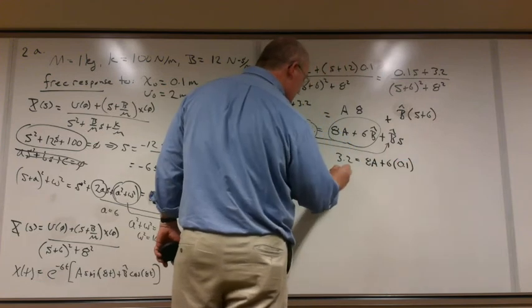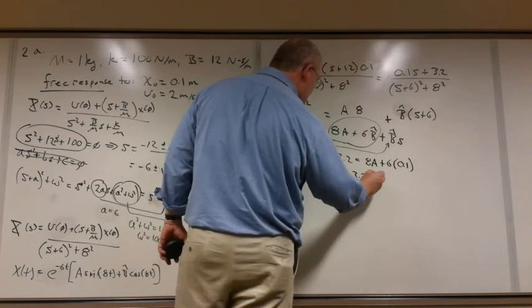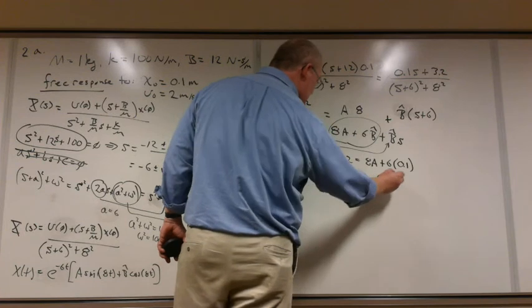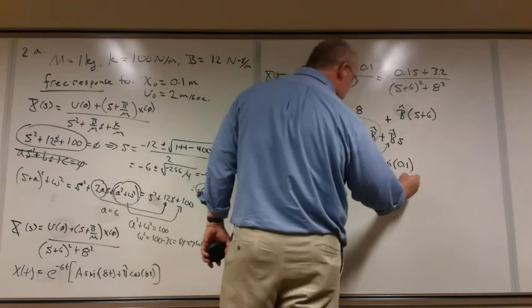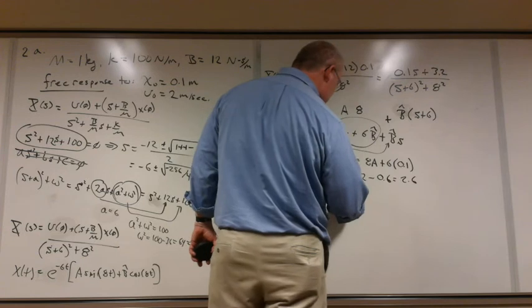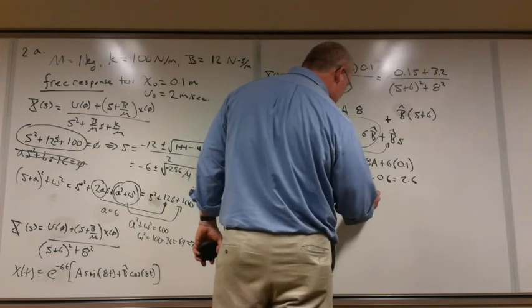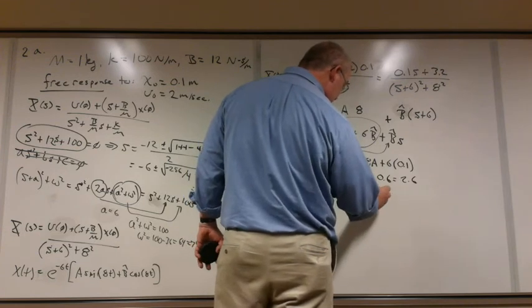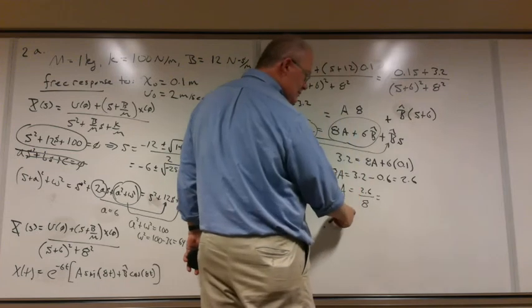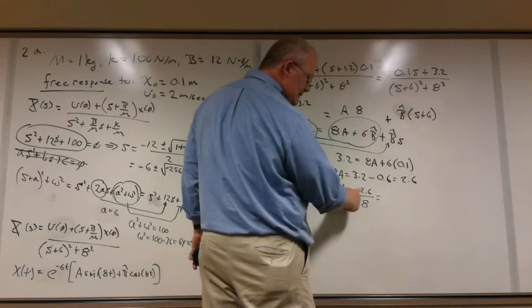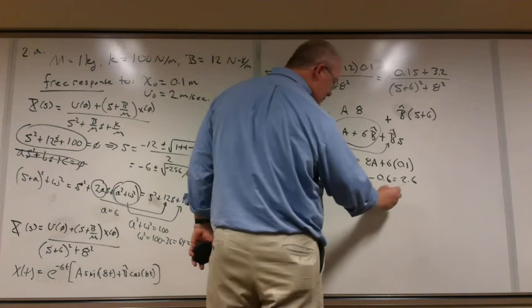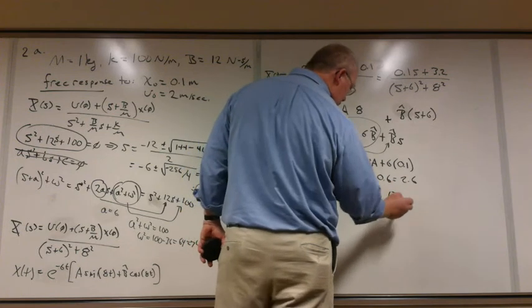So 8a is equal to 3.2 minus 0.6, which is 2.6. So a is equal to 2.6 over 8, well, that doesn't look terribly friendly. Let's multiply top and bottom by 5, so that's going to be 13 over 40.